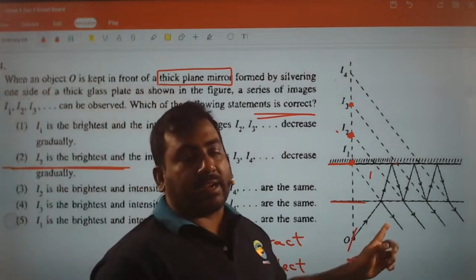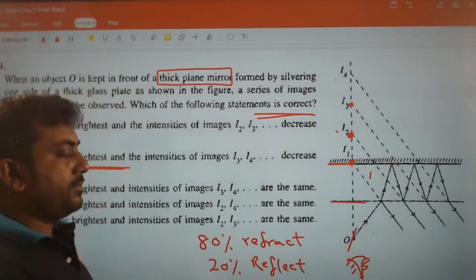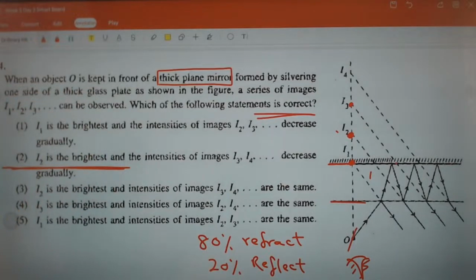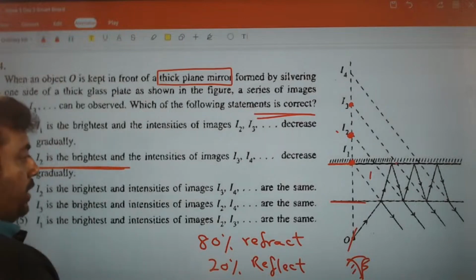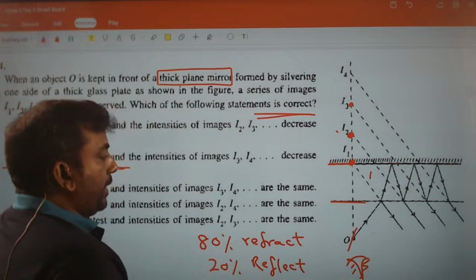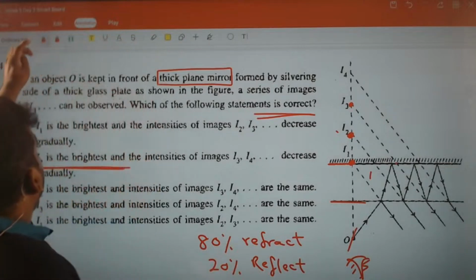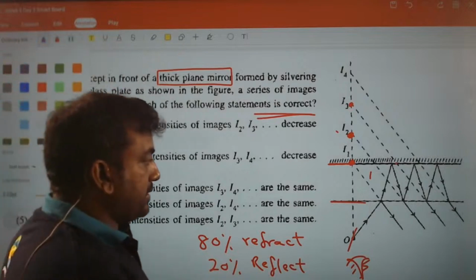Generally when light rays travel from a medium, 80% of the light rays will refract, while 20% of the light rays will reflect. Now some of you are going to see this calculation wise.